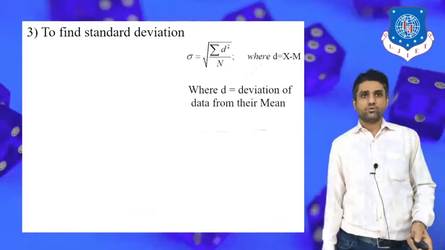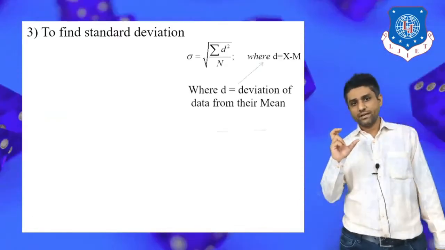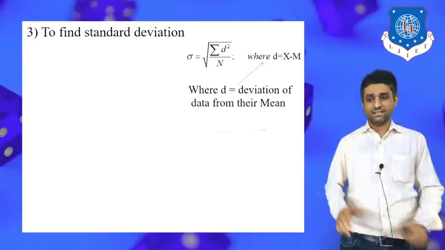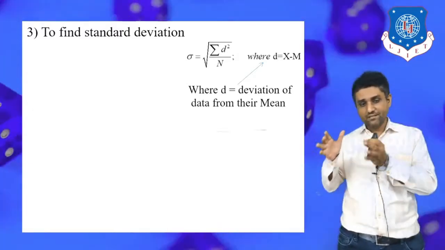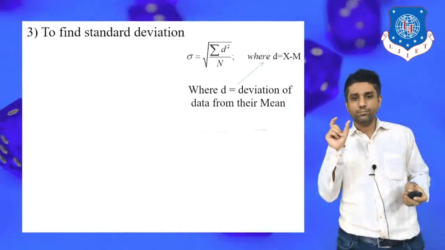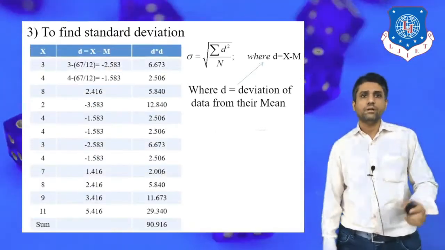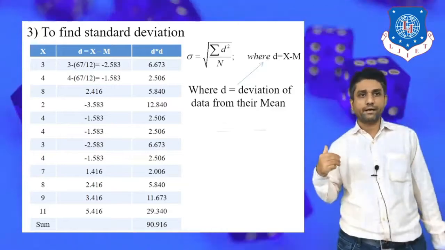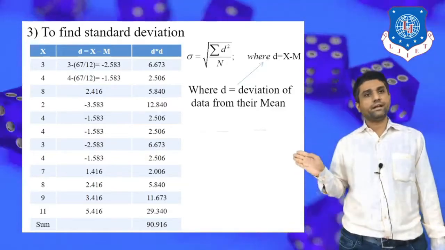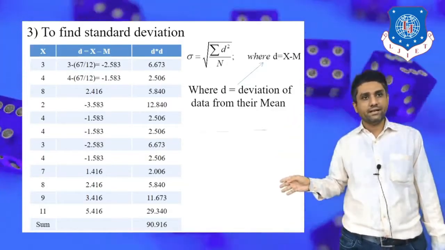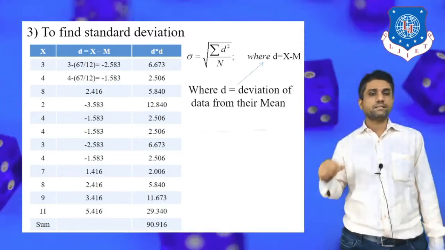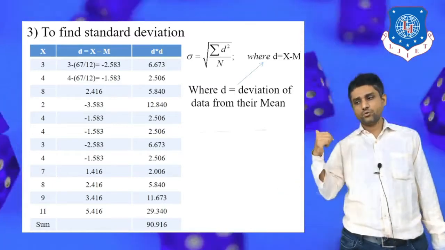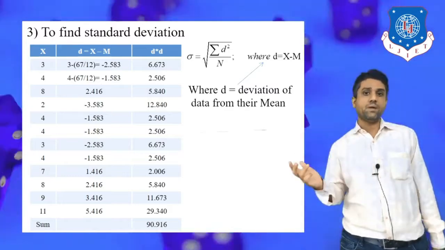What is d? d is the deviation of the data from the mean, that is, how much the data deviates from the actual mean. To find the value of d, we prepare a table. The first column contains all the given data. The second column represents the deviation, which is x minus the mean.